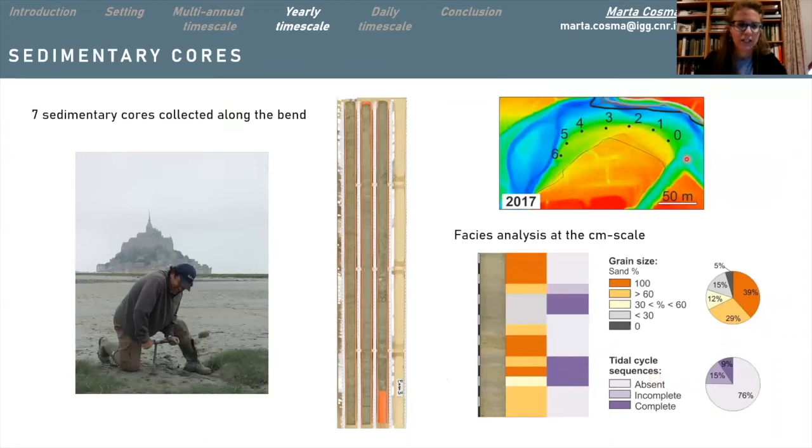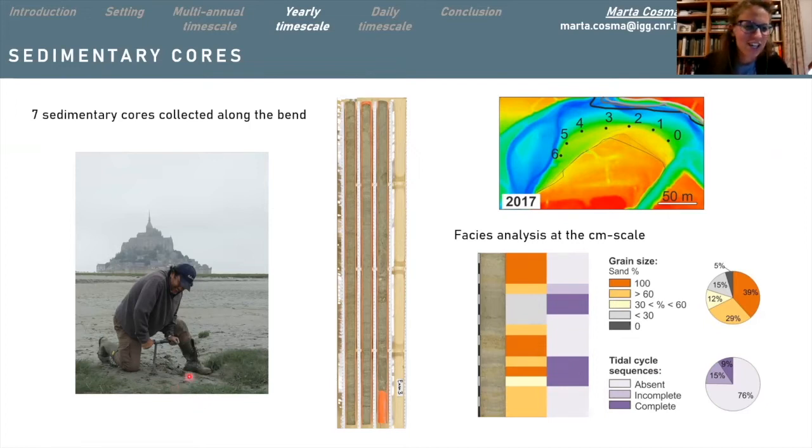Furthermore, we collected 7 cores along the bar. We cut them longitudinally with an auger corer. Here you can see my supervisor doing his job and helping me in this really tough work.